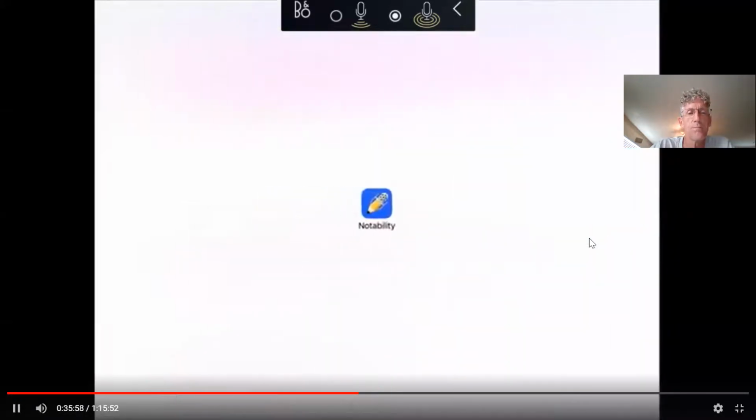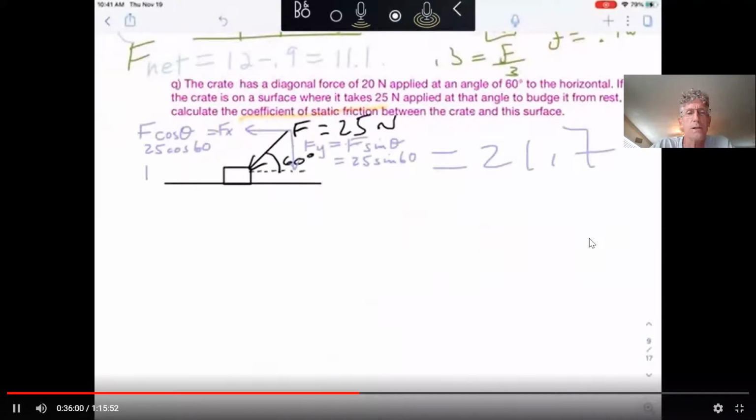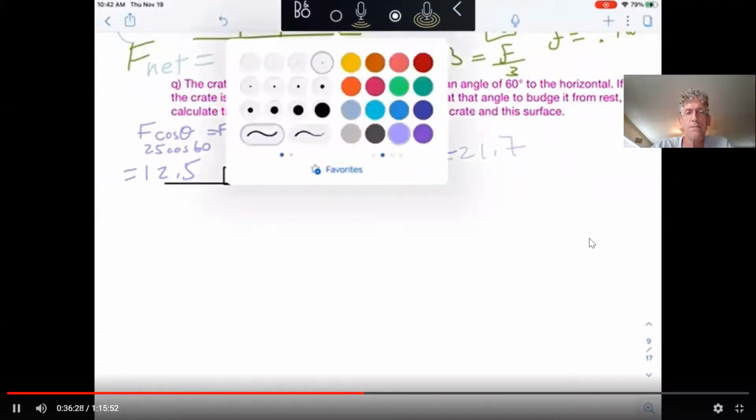So, back to this problem. Now I found those. What are we trying to solve for? It's like one of the physics problems in the last unit where you had to find all this stuff, except in that one they were pulling up on it instead of pushing down at an angle on it.